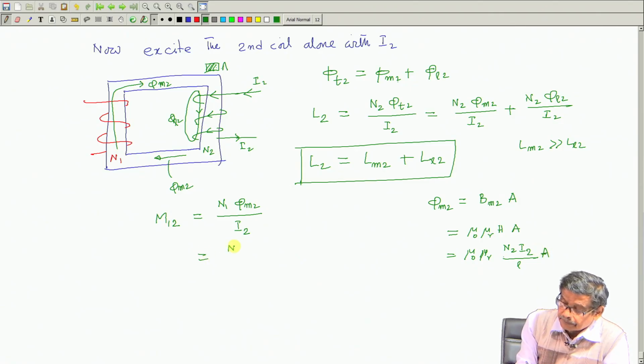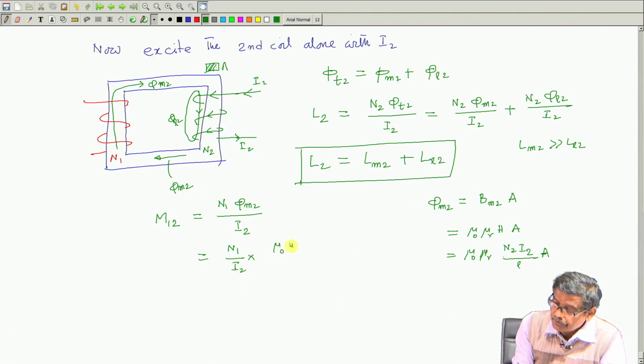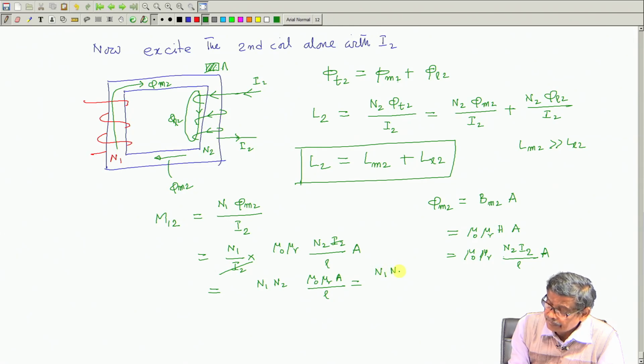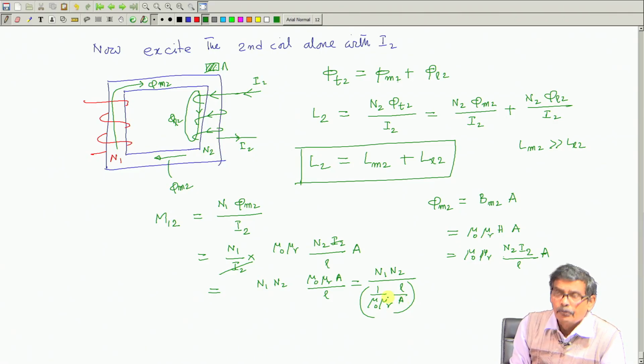Put this value of phi m 2 here: N 1 by I 2 into phi m 2 is mu 0 mu r N 2 I 2 by L into A. You see this I 2 goes, and you will be getting N 1 N 2 into mu 0 mu r into A divided by L, which is nothing but N 1 N 2 divided by 1 over mu 0 mu r, L by A. This quantity depends on the physical dimension of the core and the properties of the core, same material.